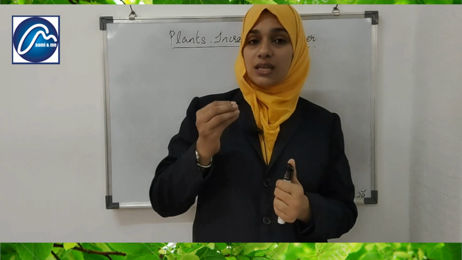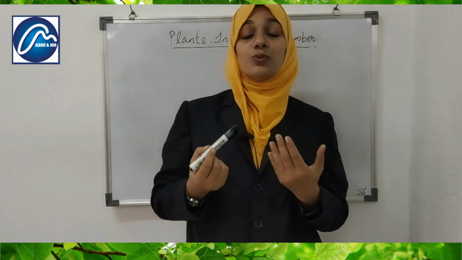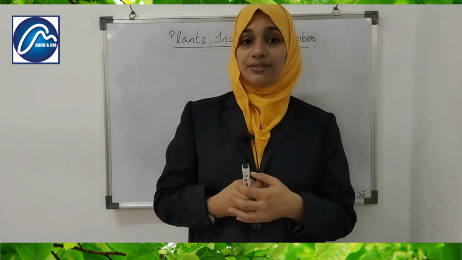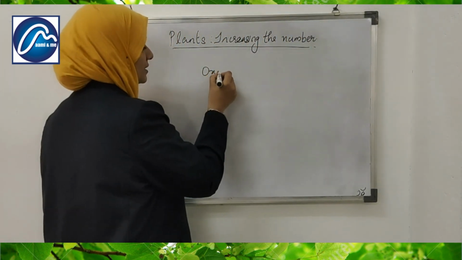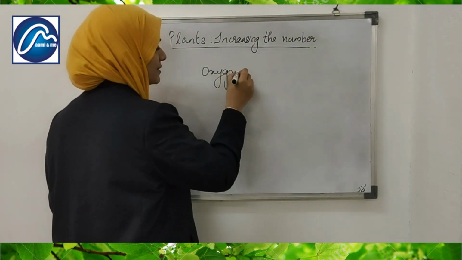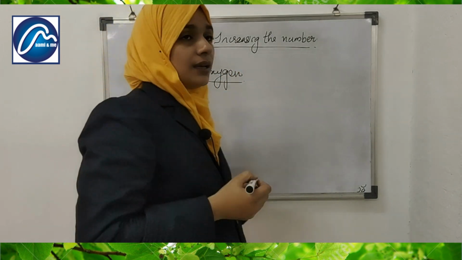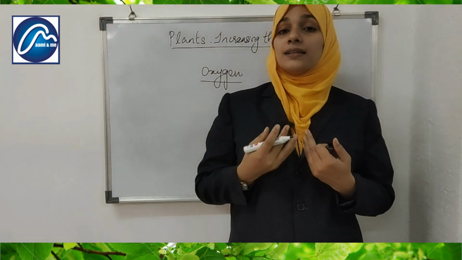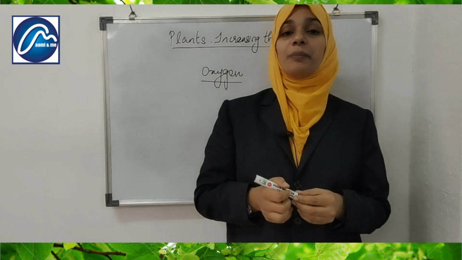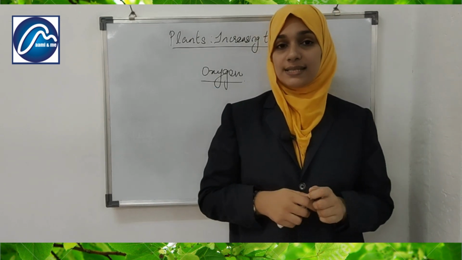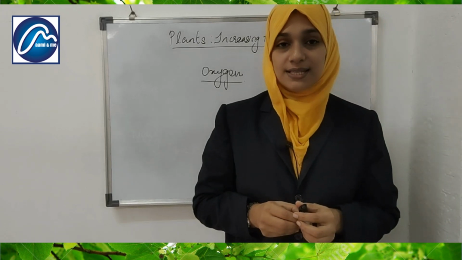Also the most important thing that is very essential for us, that is oxygen. Plants give us oxygen. How do plants give us oxygen? Plants take in carbon dioxide for the process of making food, that is photosynthesis. You have already studied about photosynthesis.